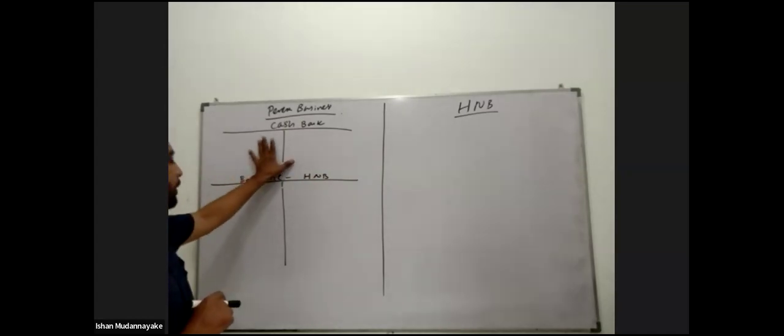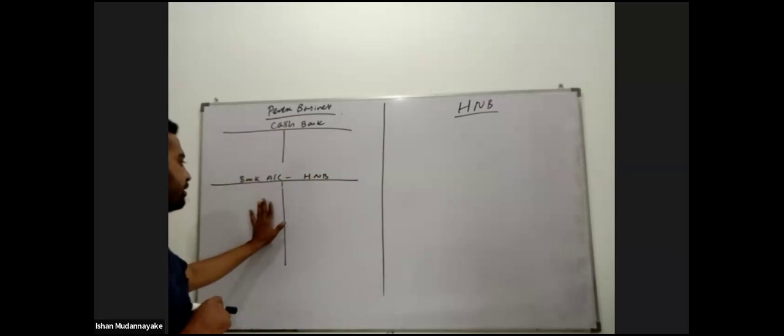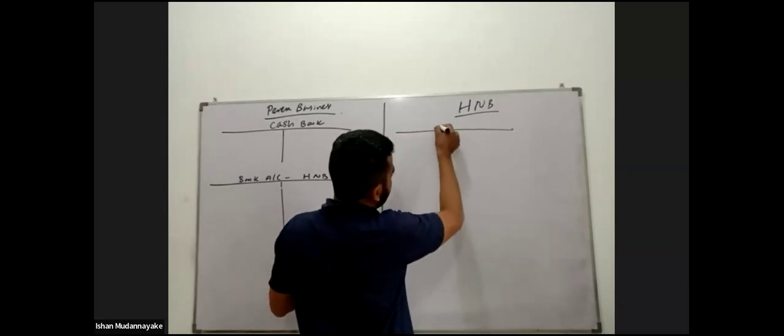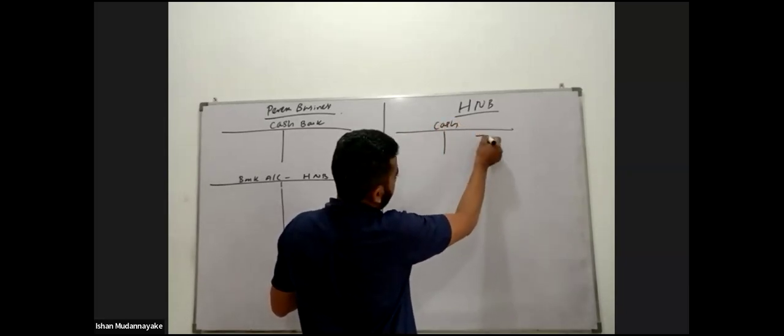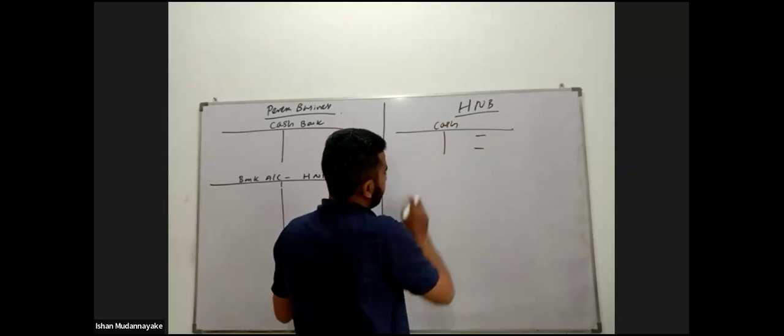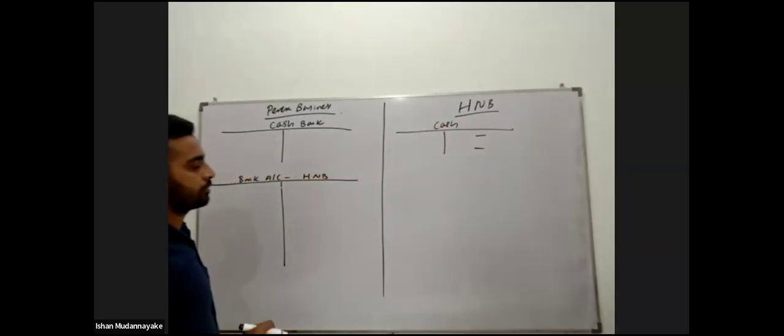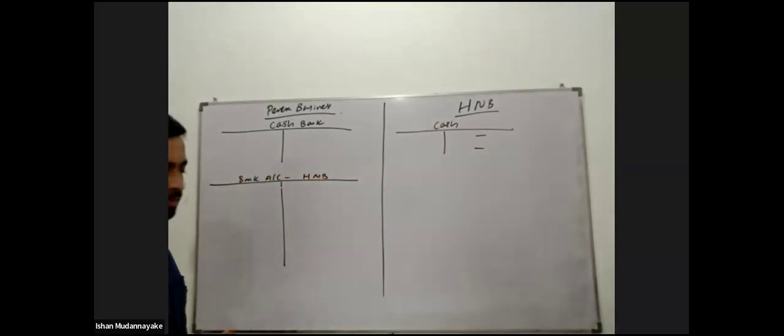This bank account is for the HNB bank. And then for the HNB bank, draw a small cash book. 2 lines are enough.